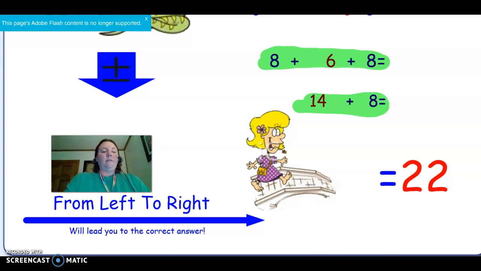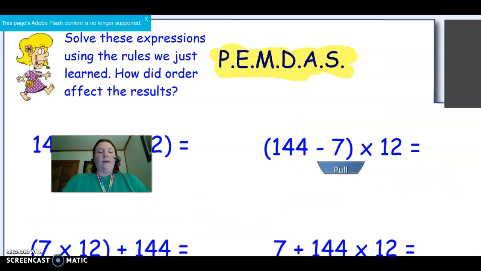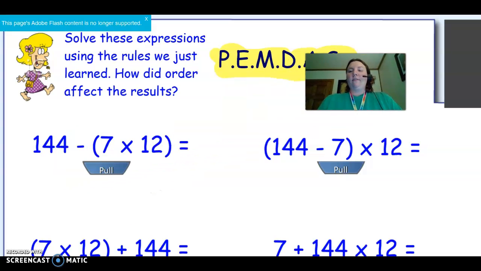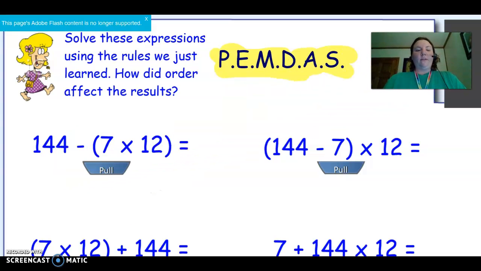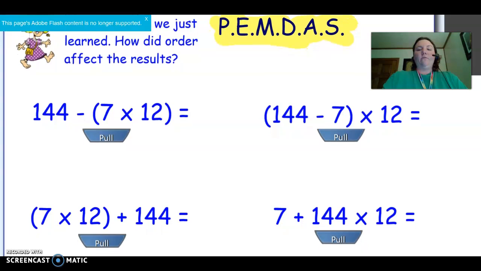All right, now it is your turn. So I am going to pause and encourage you to pause the video as well and ask you to write down these 4 example problems. And when I return, I will have the steps and the answers for you to check your work.